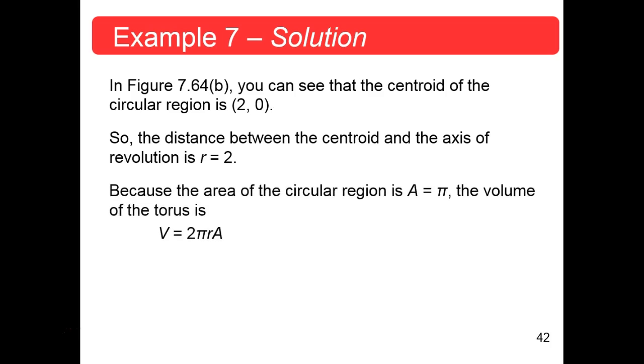So your 2 pi rA would be 2 times pi times the radius, which is another 2, and because the area of the circular region is pi, since its little radius is 1 and its area is pi r squared, pi times 1 squared is pi, so you have 2 pi times 2 times pi, 4 pi squared.